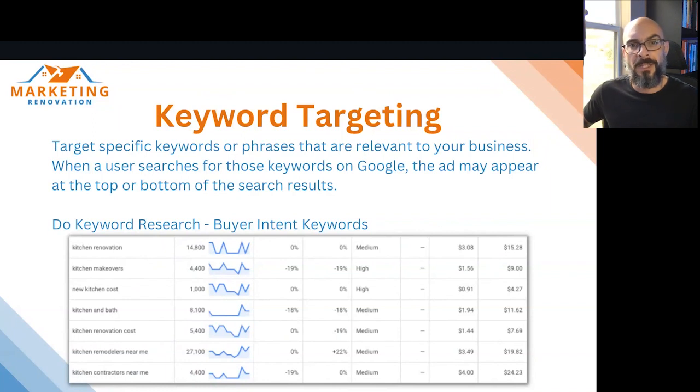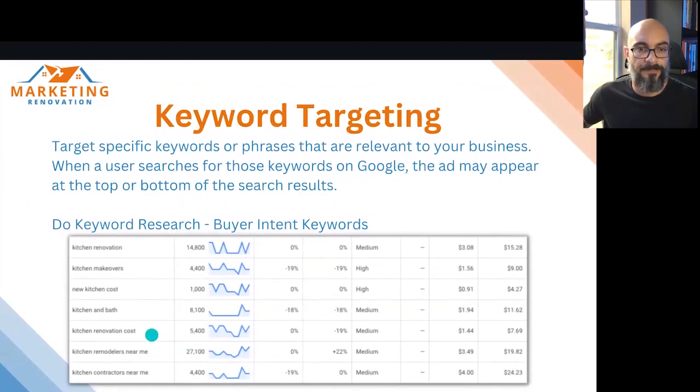So one of the key things that you want to do is make sure that you're using key phrases that are buyer intent keywords. These are keywords where the buyer is further down the funnel. Right? Most people are out there, they have to do research and then they start getting quotes and so forth. If they're out there doing research, that's good, but you may want people that are a little bit further down.